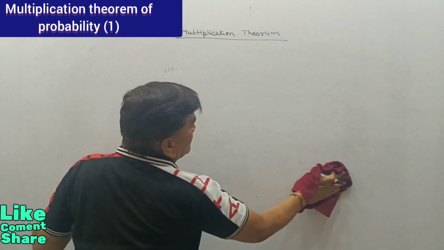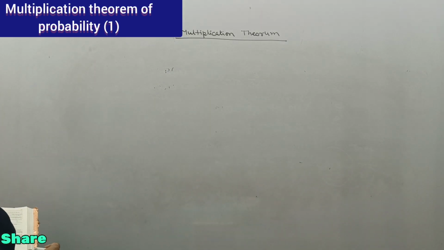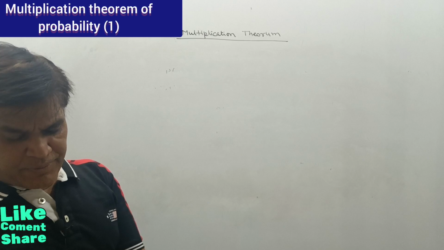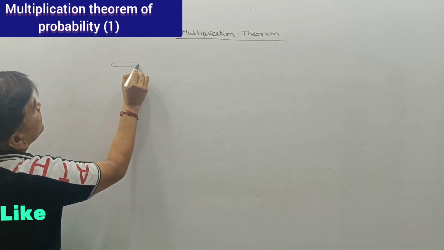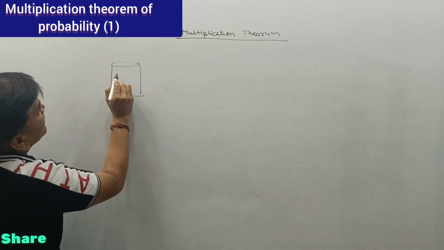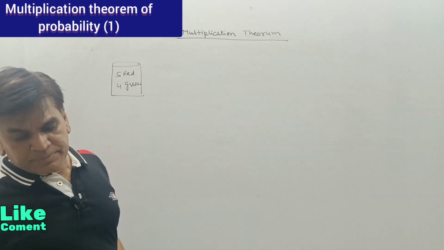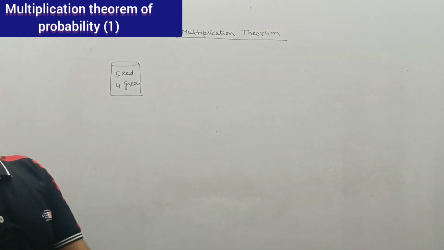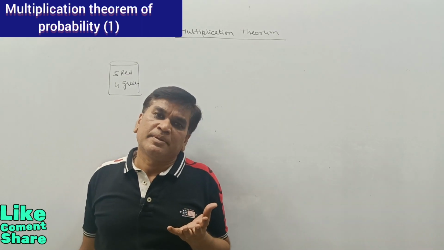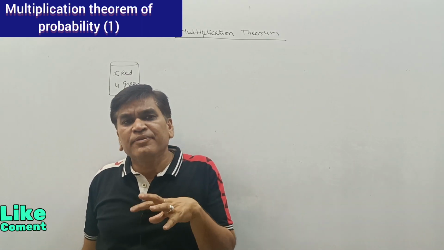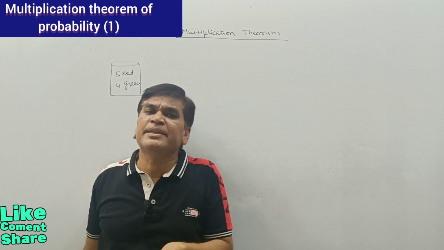One more question related to this multiplication theorem of probability. One bag contains 5 red balls and 4 green balls. We draw 3 balls 2 times, and before the second trial we put the balls back in the bag.